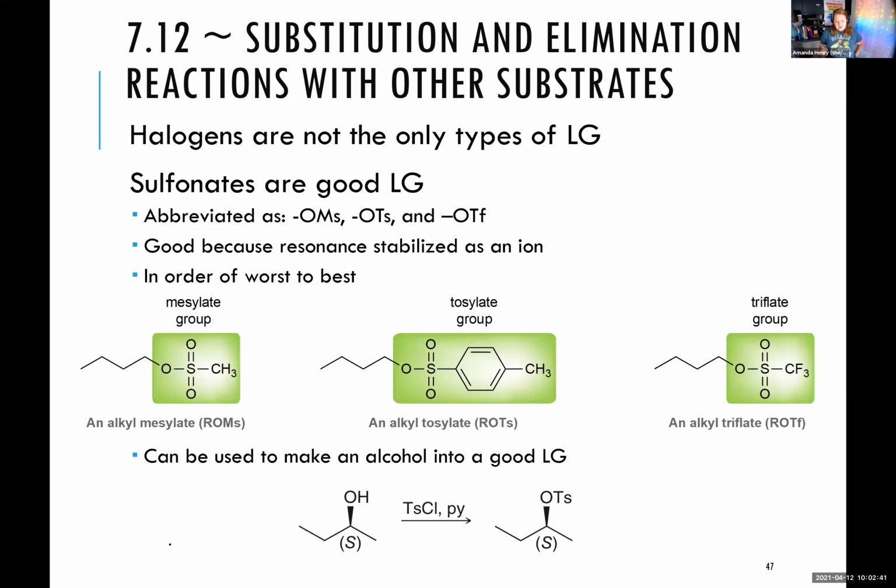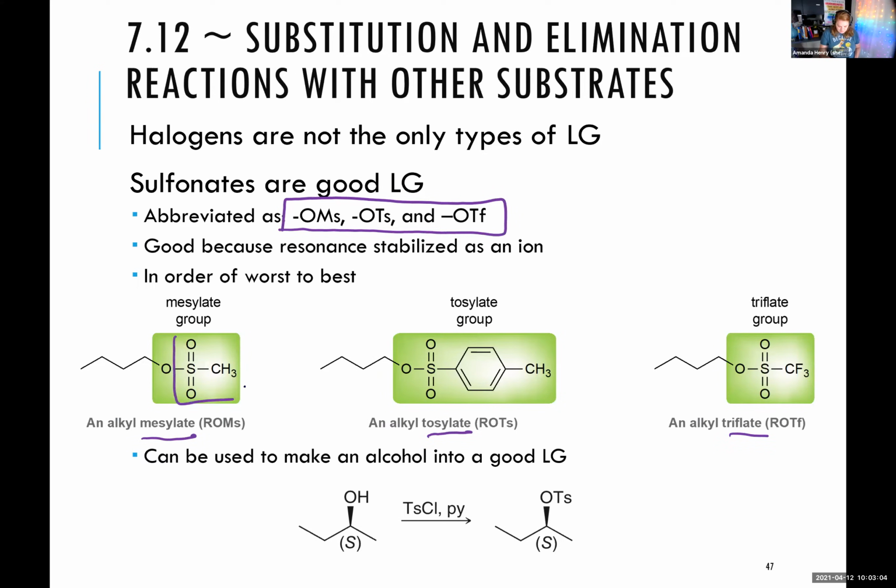But we can do these reactions if our leaving group is an alcohol as well. But we have to turn the alcohol into a better leaving group first. And so what we use are these. So we turn our alcohol into a mesylate, a tosylate, or a triflate.